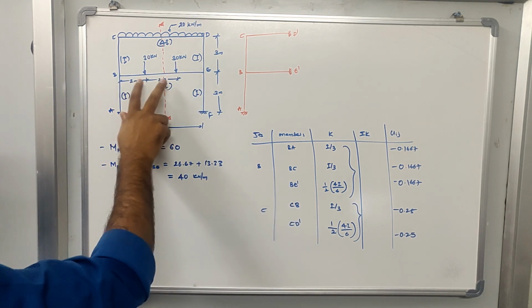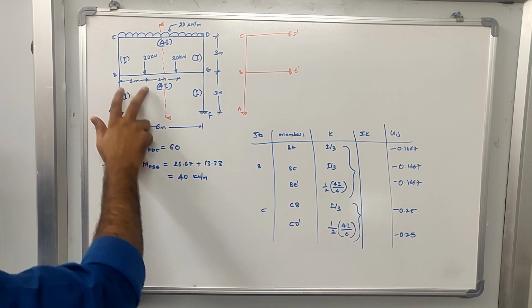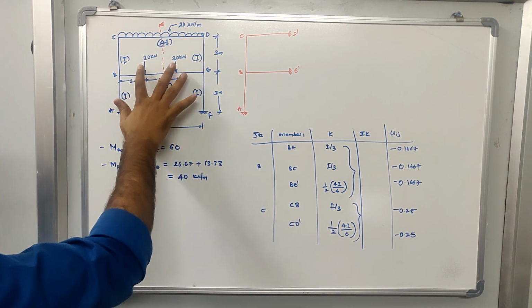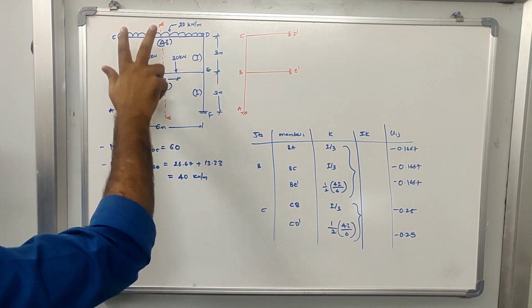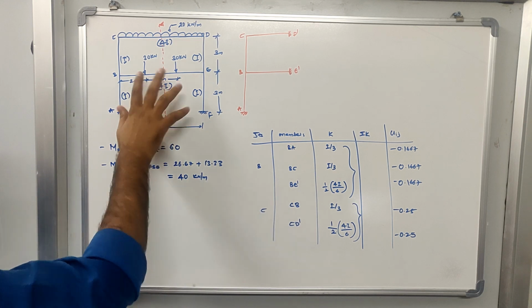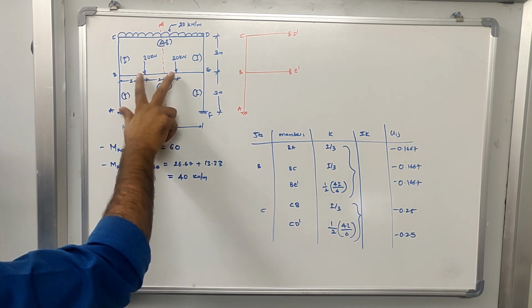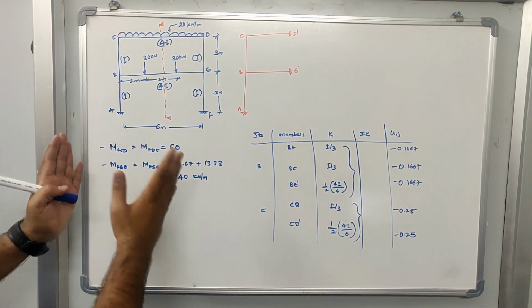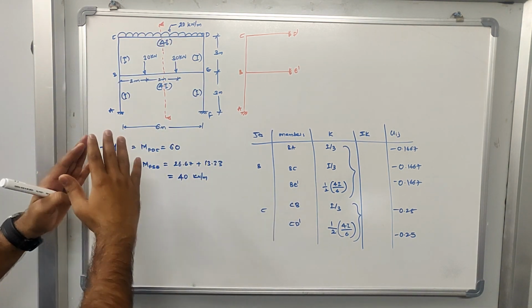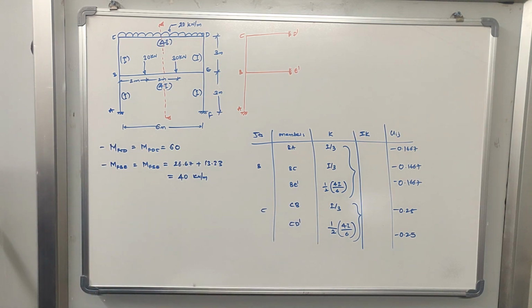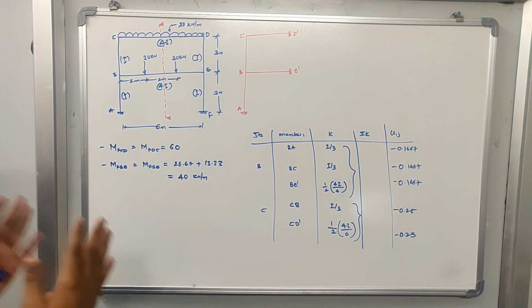If you observe the distance also, it is 2 meters from the left and 2 meters from the right. So these two concentrated loads are placed in a way that they behave symmetrically, right? It's a symmetrical loading in the case of beam BE also. It means if you look at the overall frame, the load is distributed symmetrically. Hence there is no chance of sway because of unsymmetric loading.